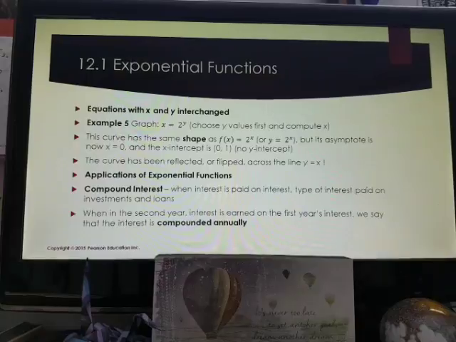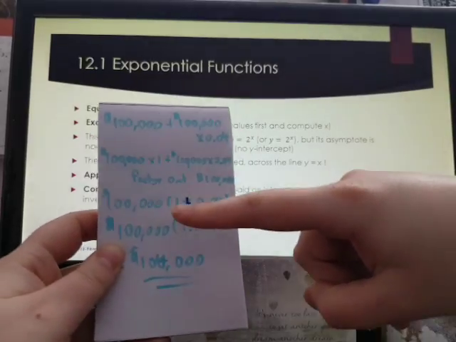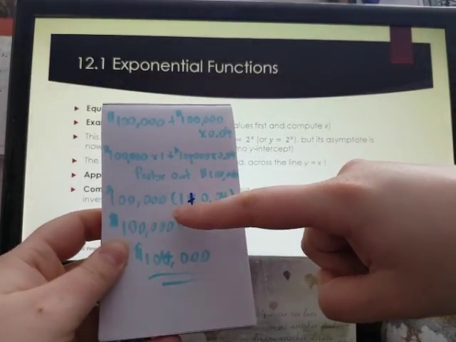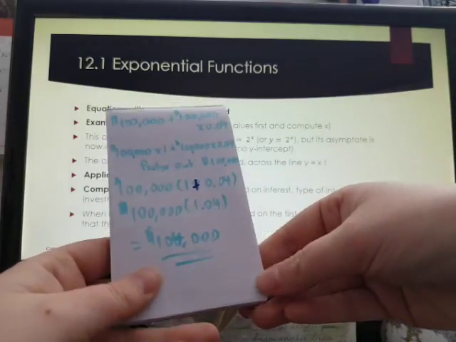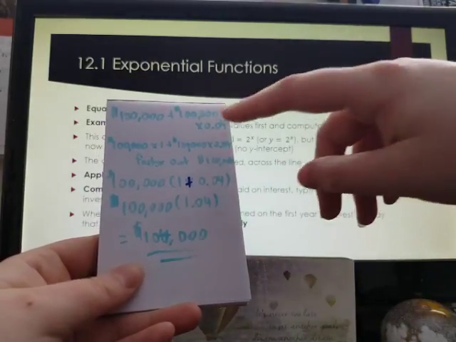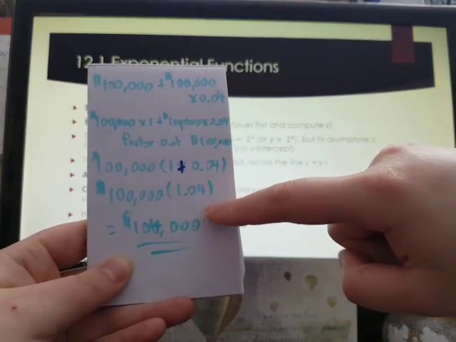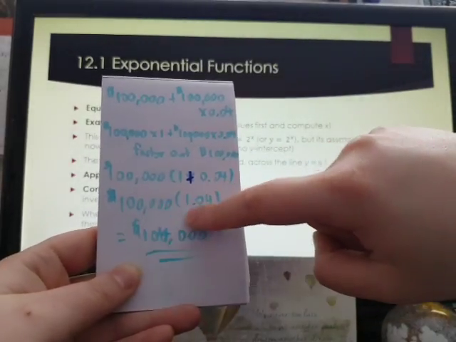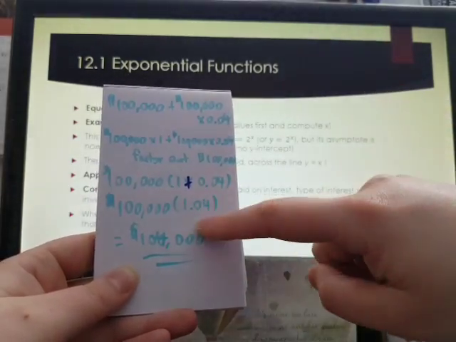Oh, that's supposed to be a plus. Sorry. If you factor it out, you're left with 100,000 outside, and then you've got 1 plus 0.04 on the inside. So instead of saying 100,000 plus 100,000 times 0.04, you can actually write it as 100,000 times 1.04. So by multiplying it by that 1, you're taking into account that you still have that 100,000 you started with.